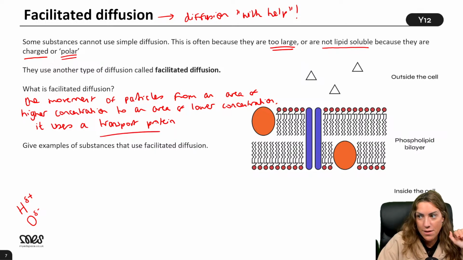That's the difference. It needs a transport protein. It can't just move through the phospholipid bilayer. It needs a protein. So this is where the proteins come into play.